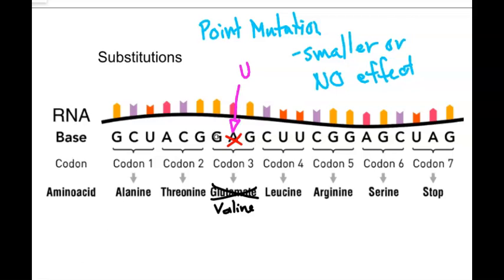Well, for example, if the G in this GAG codon was replaced with an A, if you look at your amino acid chart, you'll see that it still codes for glutamate. So in that case, if that point mutation occurred where just the G got replaced with an A, it actually still codes for the same amino acid. So this would cause no change at all to the structure of the protein.